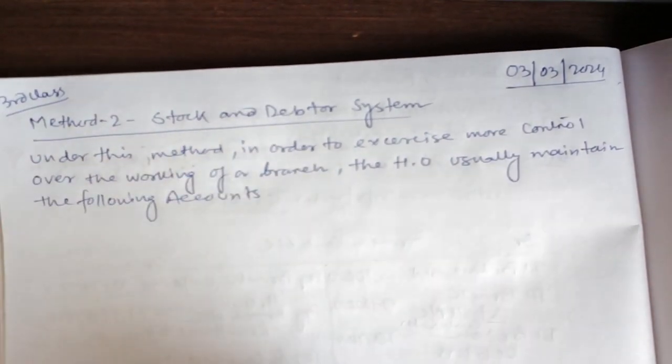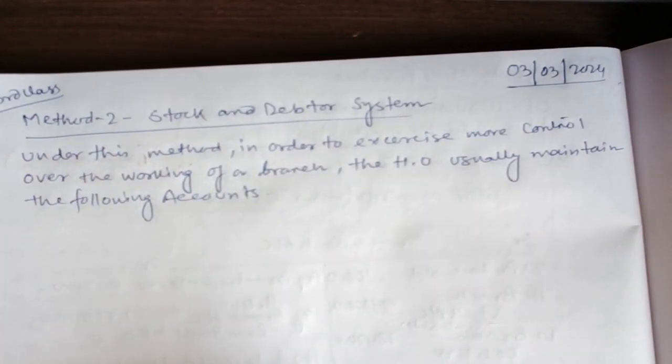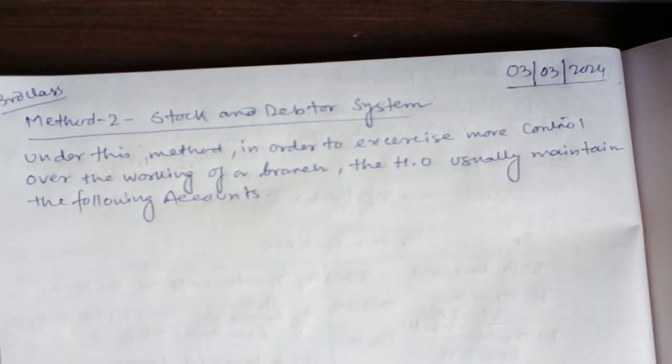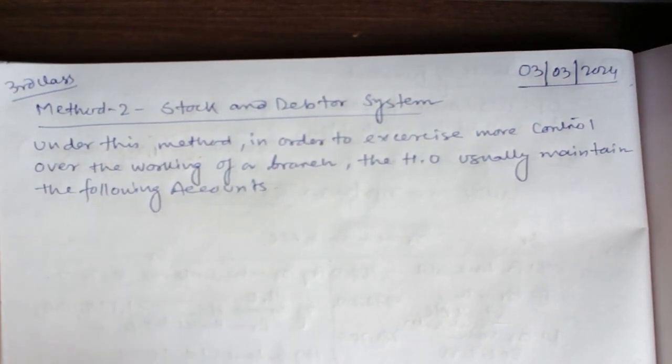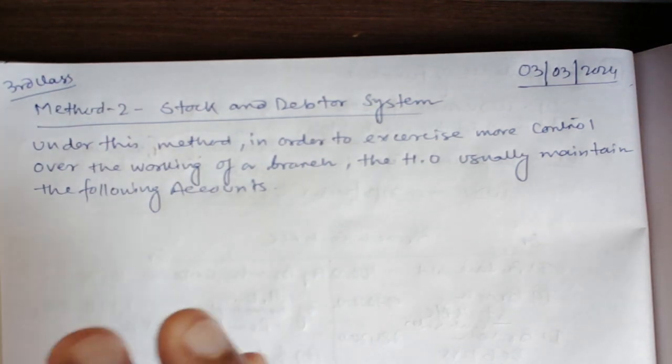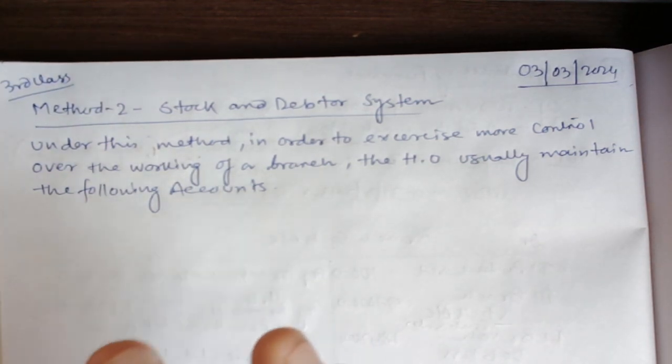Let it be very simple. When the head office requires more control over the branch, then multiple accounts have to be maintained by the head office to look into the activities related to the branch.